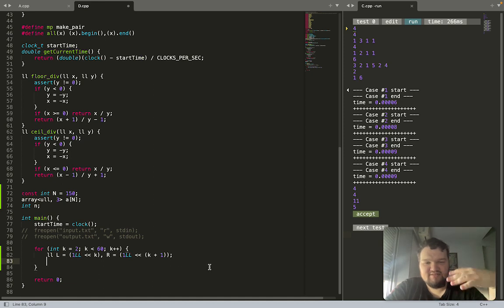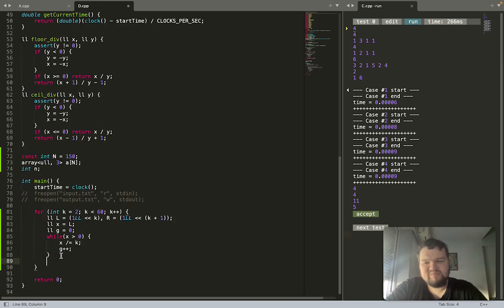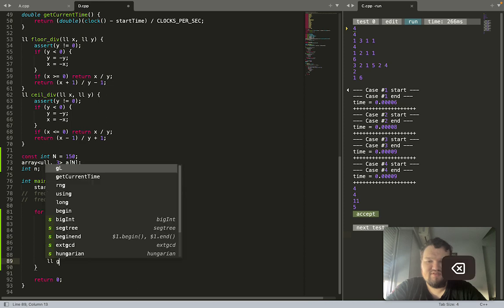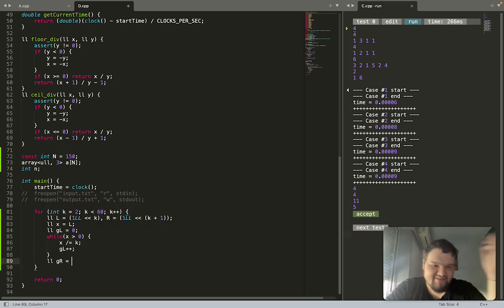So now we can find the value of g. So this is the value of g. Let's call it g left. And let's find the value of g after our segment.